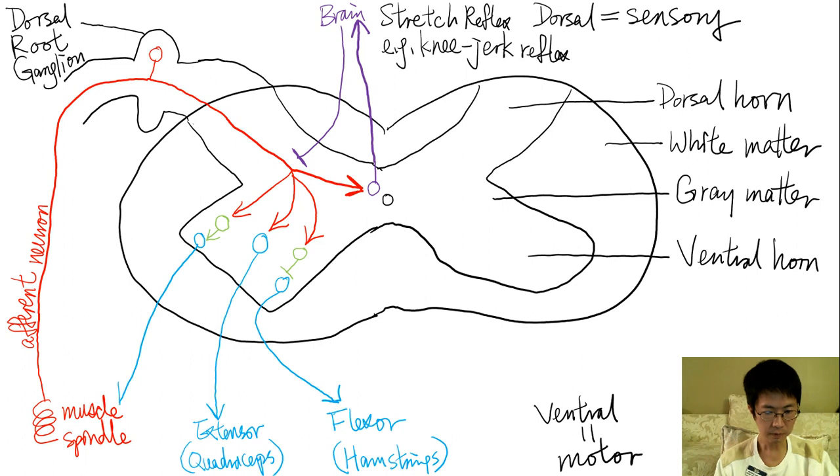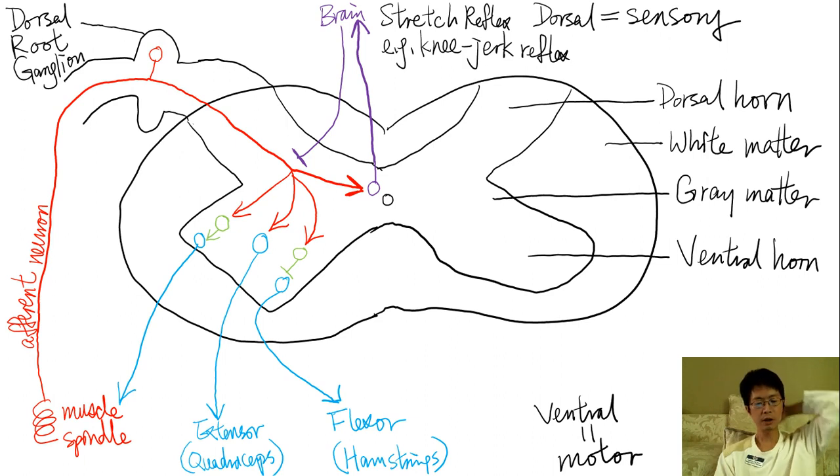Now let's see how good your short-term memory is. In one of the previous slides, when we talked about the structure of the muscle spindle, what kind of nerve will innervate the muscle spindle? Do you remember the name of that nerve?